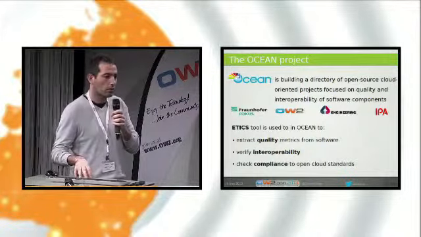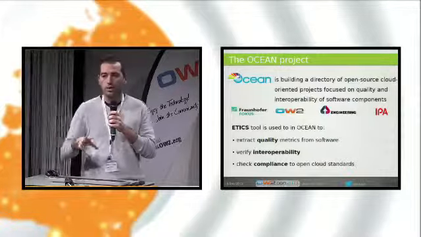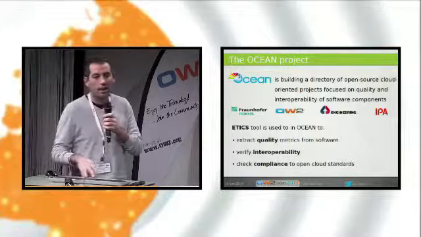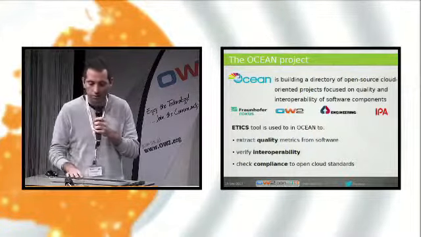We want to build this directory to let the user browse the catalog and select cloud components that they need for building, for instance, their own cloud infrastructure. And we want to provide also quality metrics and reusability and interoperability analysis of these components.